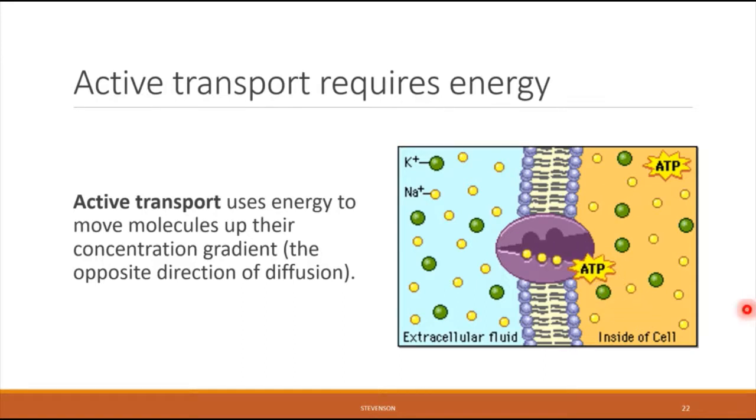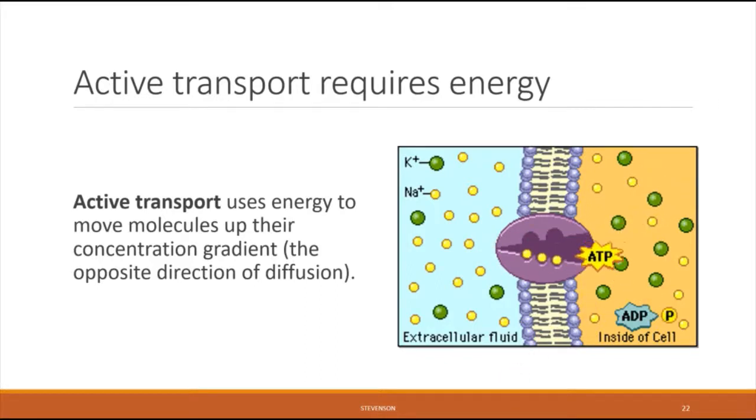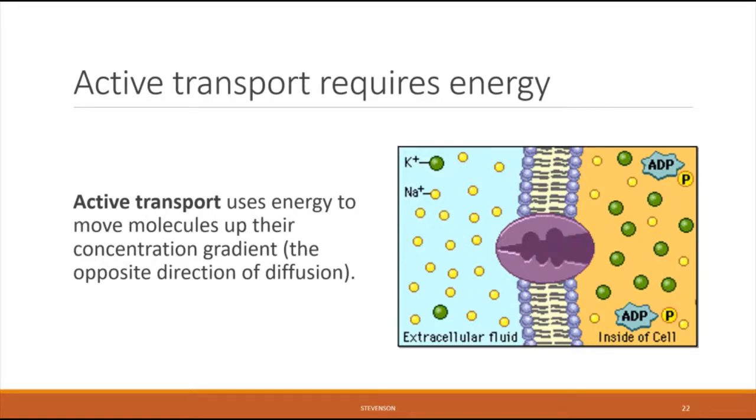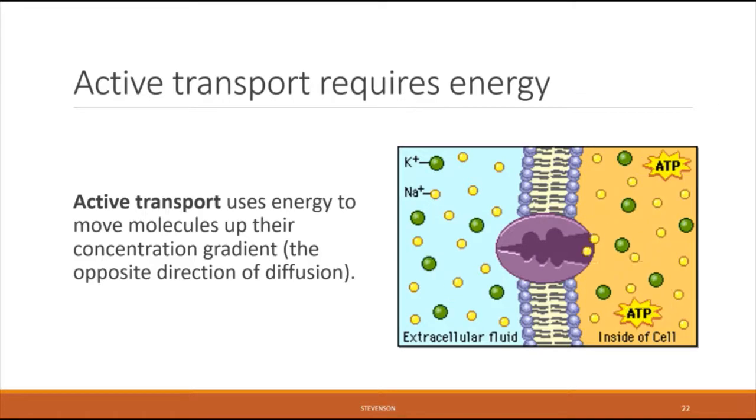So diffusion does not say that these little yellow spheres should go left and these green spheres should go right. In fact, that's the opposite of the direction they would want to go. And so therefore, the cell has to use ATP fuel in order to make that pumping action happen.